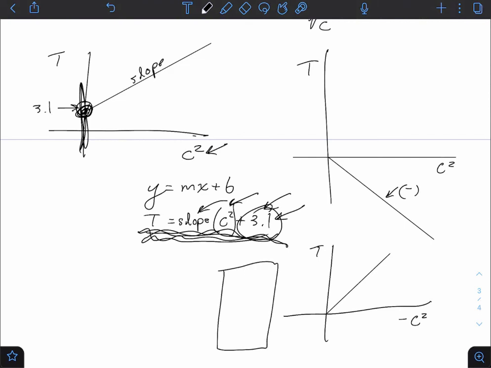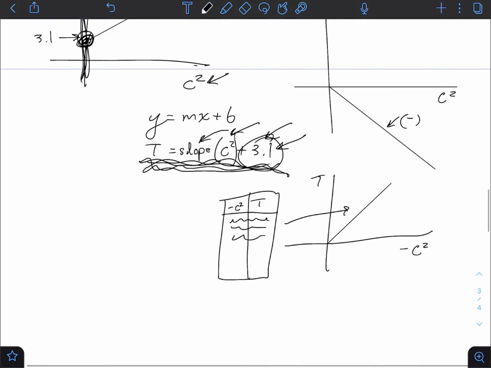Again, always have to make a new data table, negative c squared versus period. Fill in your data, and hey, wouldn't you know it, we get a linear relationship. In fact, let's make this even more involved. Let's give it a y-intercept. Well, all linear graphs can be broken down into y equals mx plus b.